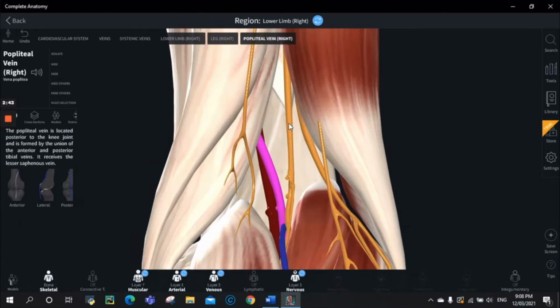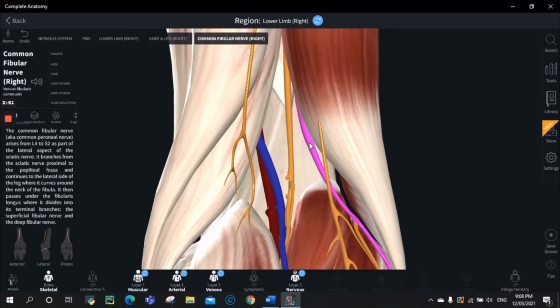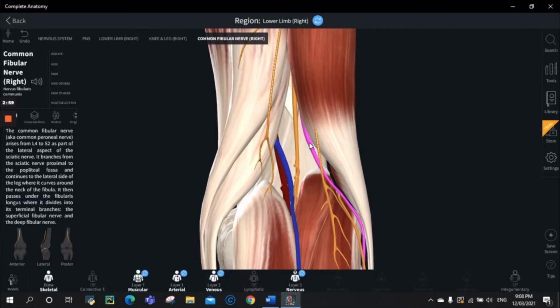This one is the medial branch, and it's called the tibial nerve, and this one is the lateral branch, and it's called the common fibular nerve. It's also known as the common peroneal nerve. As contents, we also have some lymph nodes and some fat.